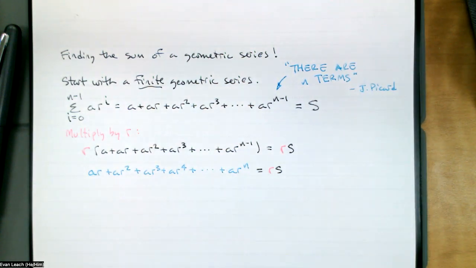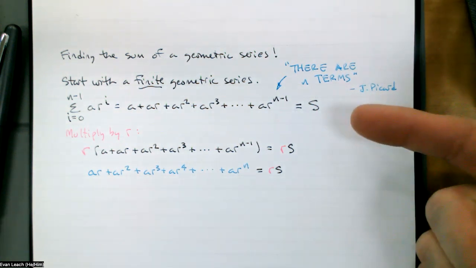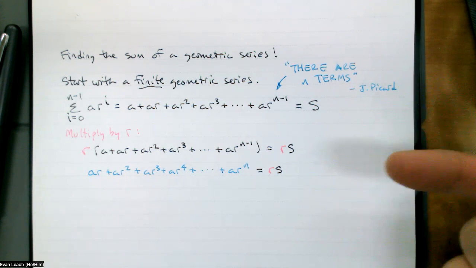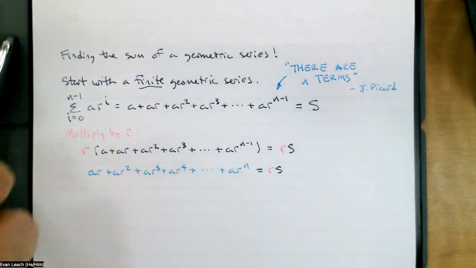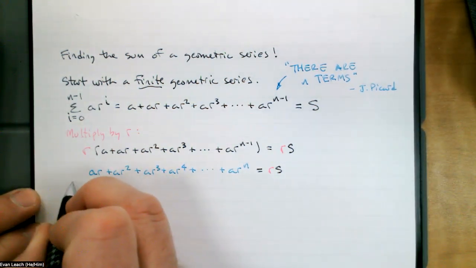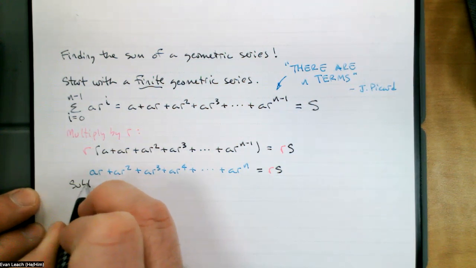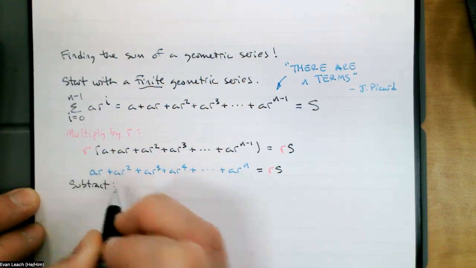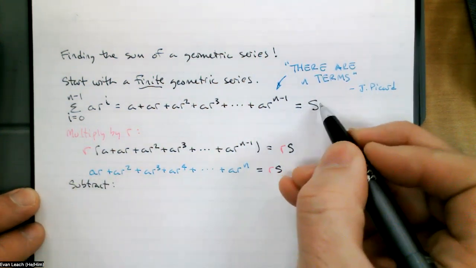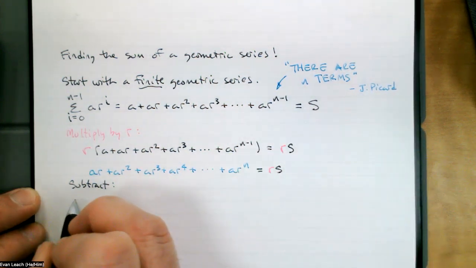Now what we're going to do is subtract. We're going to take our sum S and subtract r times S. So take S minus the rS.